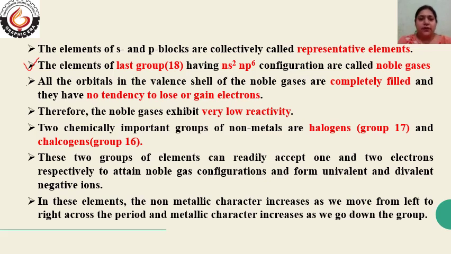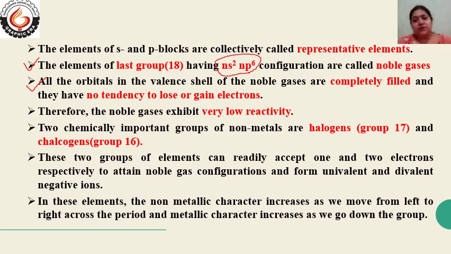All the orbitals in the valence shell of the noble gases are completely filled and they have no tendency to lose or gain electrons. As in case of noble gases, you can see here ns2 and np6. So the last shell is totally filled.